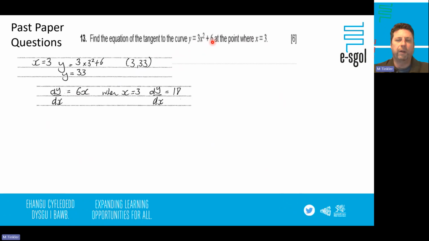Differential of 6 is 0 because the line y equals 6 is a straight horizontal line and has a gradient of 0. So when x equals 3, it is 18. Some years I might call that mT for gradient of tangent. When you do AS maths, you will do something called the equation of the normal as well. So I will often change my labeling, but dy dx is the gradient.